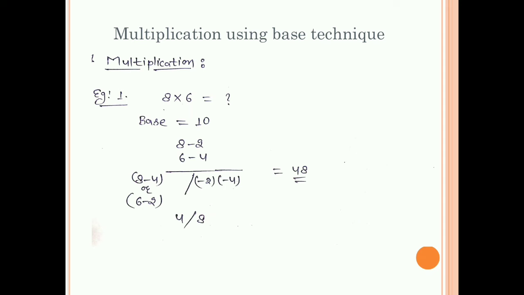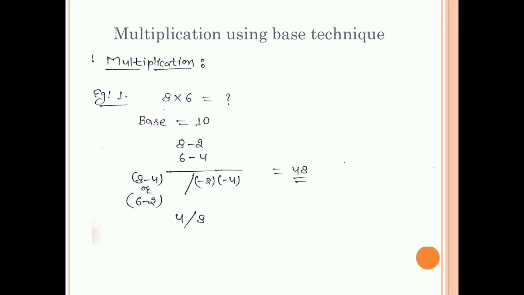So minus 2 and minus 4 will be 8. And to get the tens place digit, we can take 8 minus 4 or 6 minus 2, because in both we get 4.